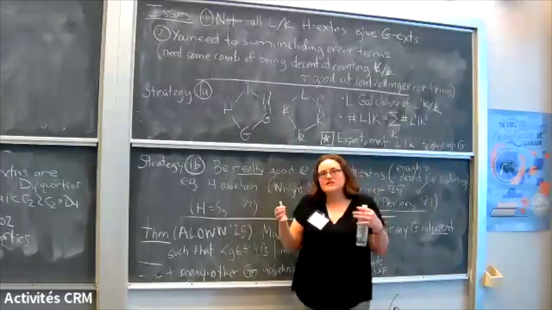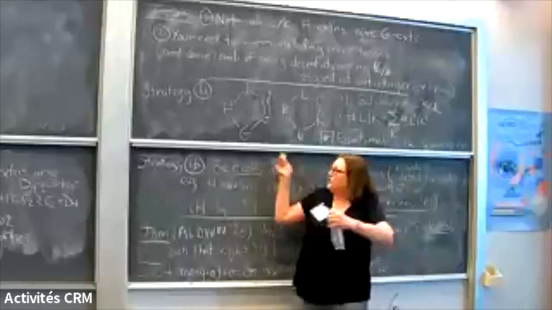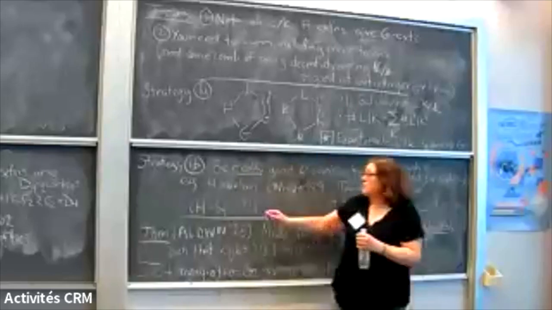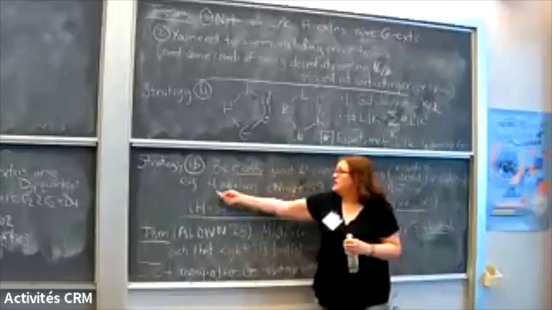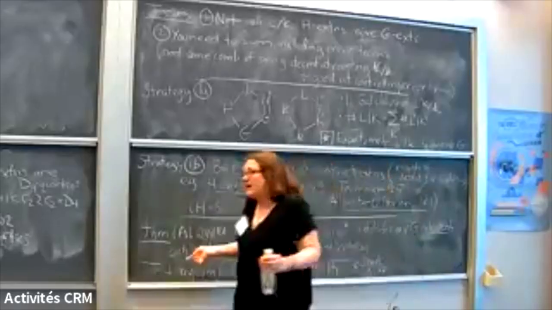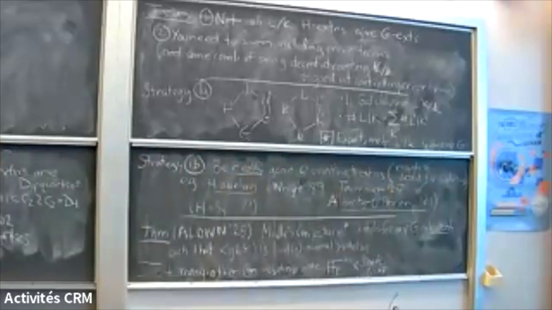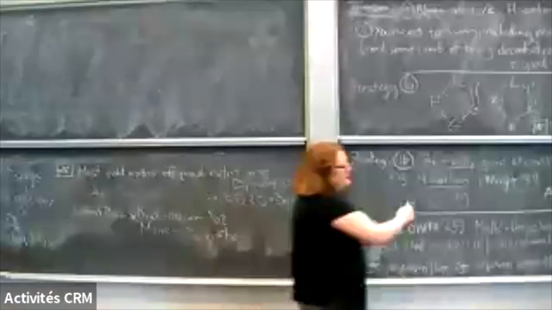We just may have to do more with them because of what we need for our problem. So for example, we do a lot in this case where H is abelian. The strategy here is that by class field theory, you can write down explicitly what the extensions are. And that has been done before in lots of cases.